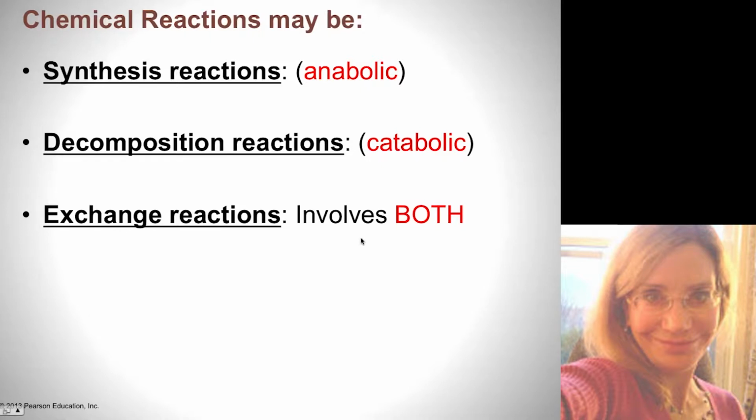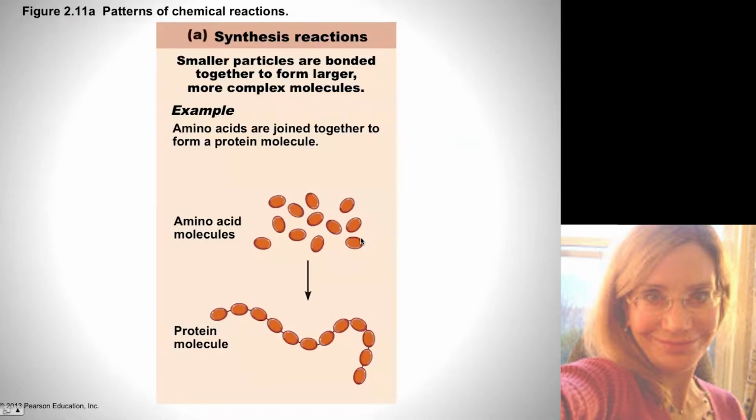Exchange reactions involve both. So this figure actually gives you some examples. You can see a synthesis reaction when smaller particles are bonded together to form larger, more complex molecules. And you can see here some little amino acids are going to be joined together to form a protein molecule.